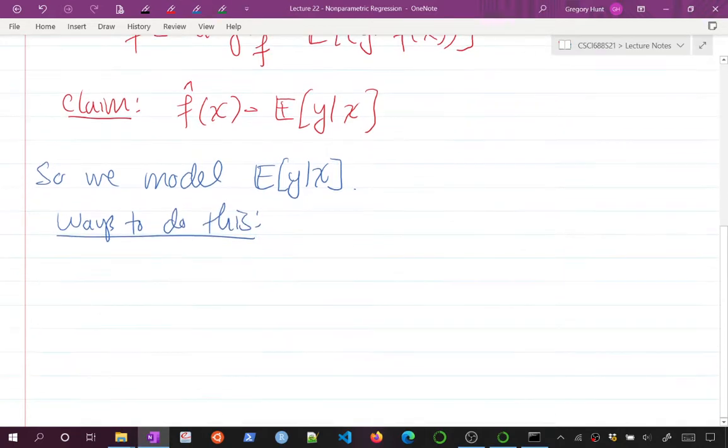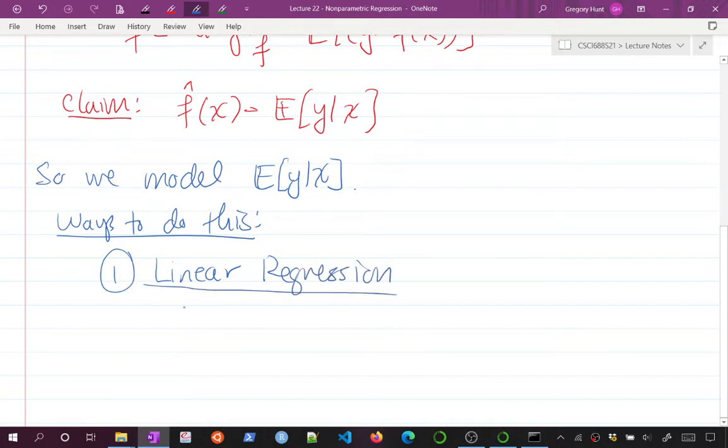For example, one being just our linear regression, where we said that f hat of x is some x transpose times some beta hat.